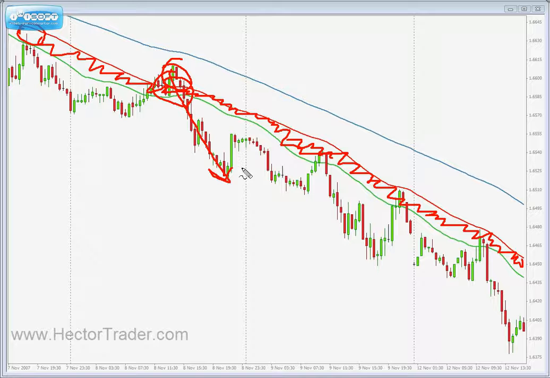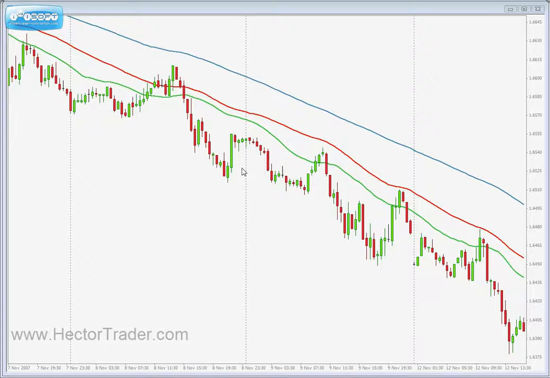But as I was saying before, I'm a conservative trader. I'd rather take fewer entries than other traders, but at least have a higher ratio of winners compared to losers. In my opinion, there is no need to take every single trade, to trade every single swing or every single trend.